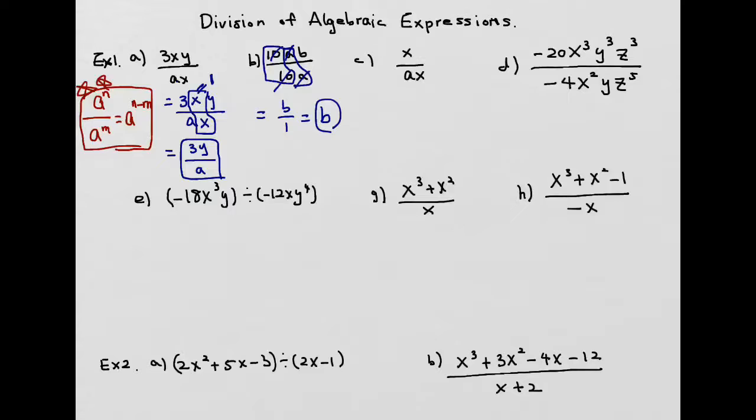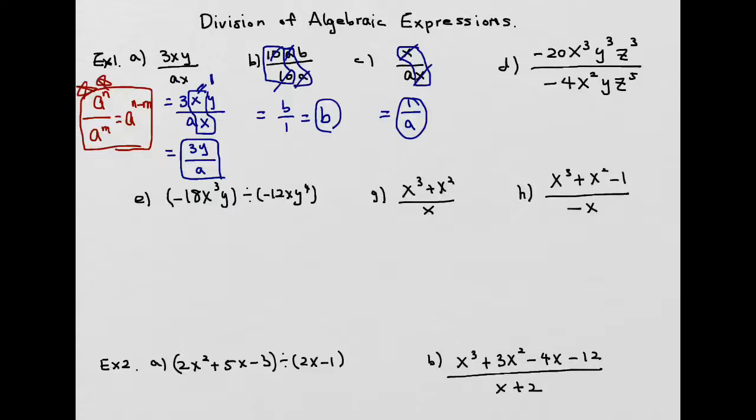The next one, same thing, because you have 1x on the top and 1x on the bottom. This is going to be 1, so they cancel out each other. And because now the variable left over is on the denominator, you do have to keep it in fraction form. So it will be 1 over a.